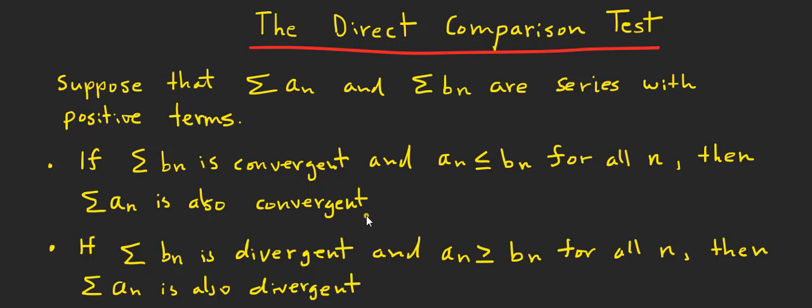So basically what this is saying is that if we know that the bigger infinite series converges, then we know that the smaller infinite series will also converge.